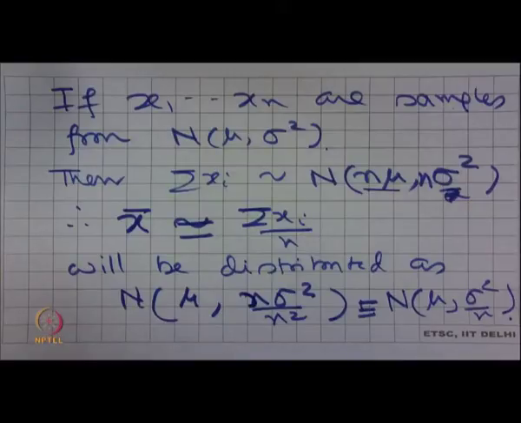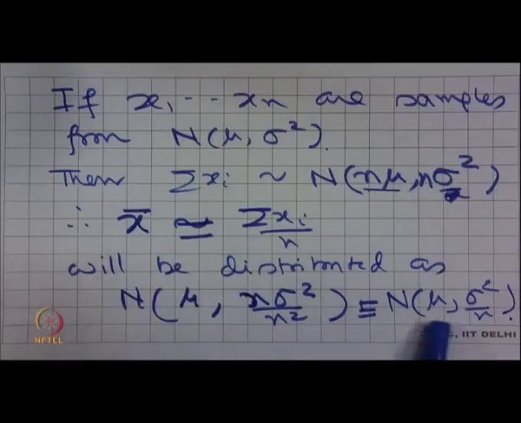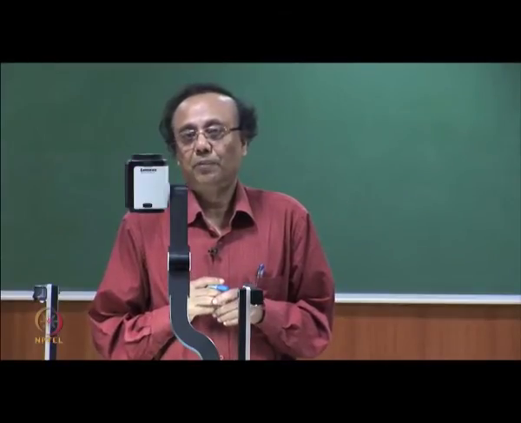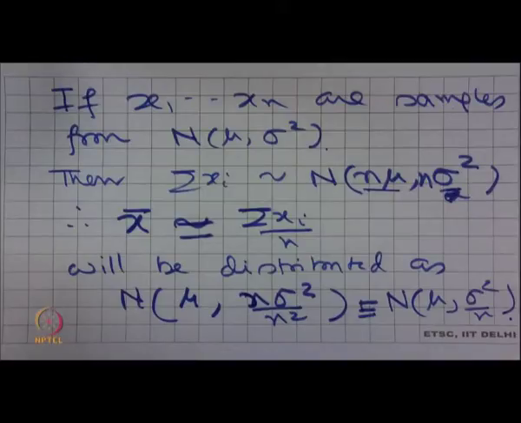Therefore, the expectation of sample mean is going to be mu, or sample mean is going to be an unbiased estimator for population mean, and as n increases, the variance will be decreasing. So far we got an estimator for population mean.